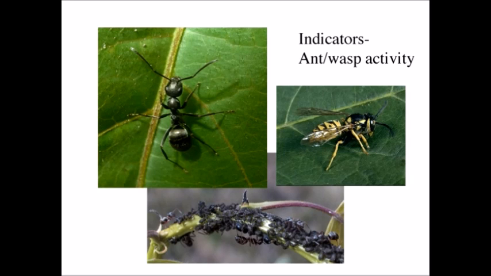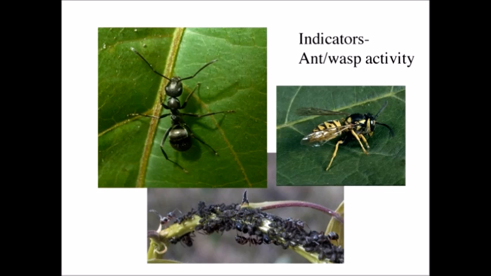But if you see ants climbing up a tree, they have really no reason to be up that tree as far as their business. But if there are aphids or scale or honeydew up on that tree, then they are interested. So if you see ants in a tree climbing up the bark, then you have reason to suspect something.